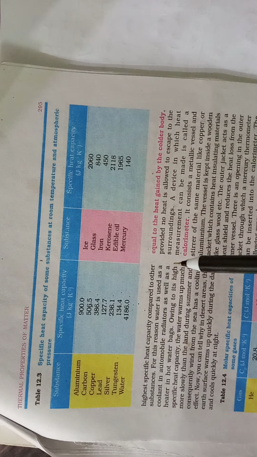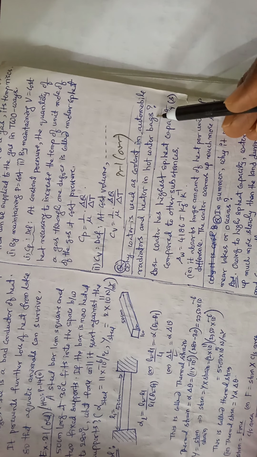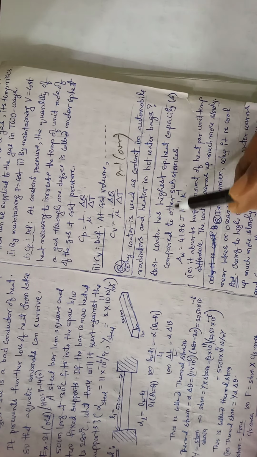We have a very short answer question on this. Why is water used as coolant in automobile radiators and heater in hot water bags? The answer is, water has the highest specific heat capacity compared to other substances.